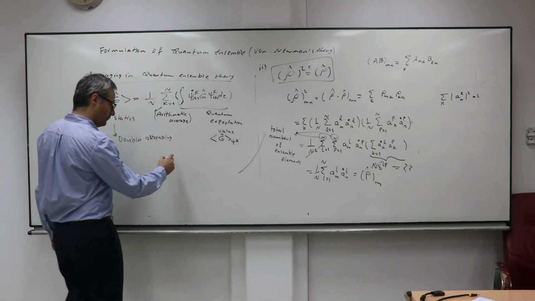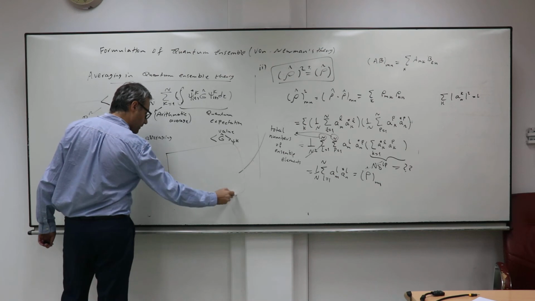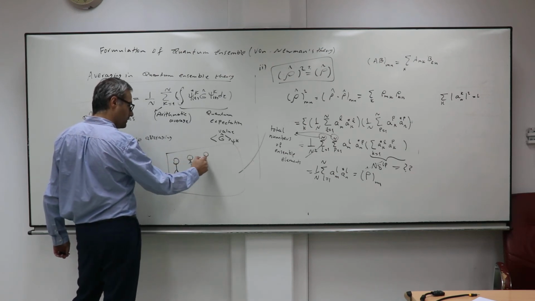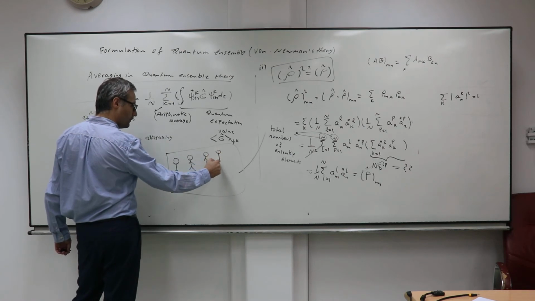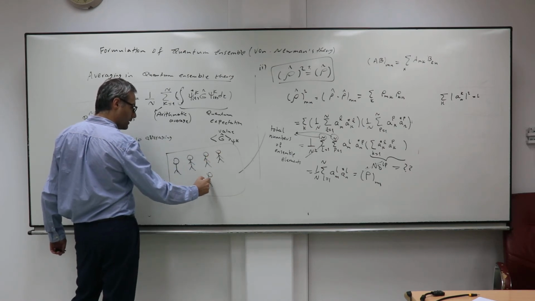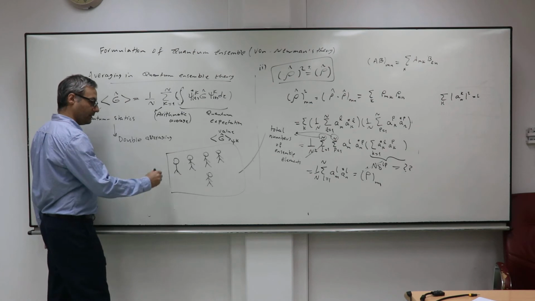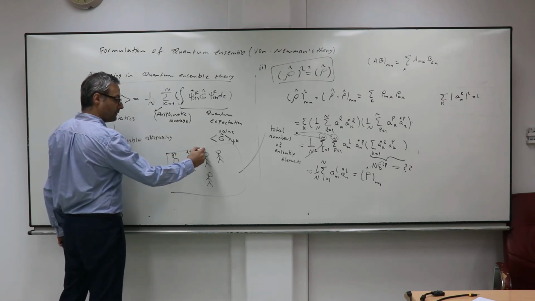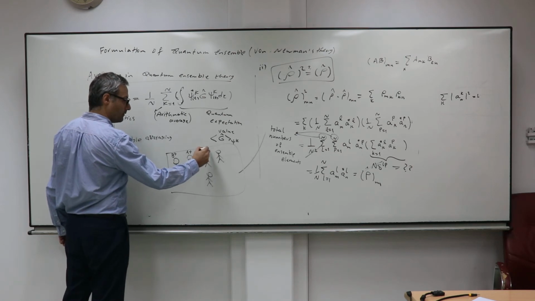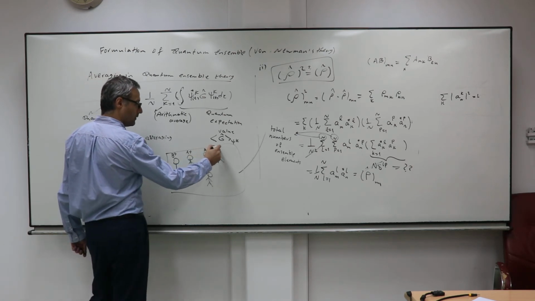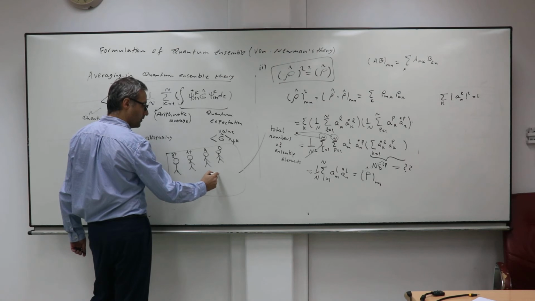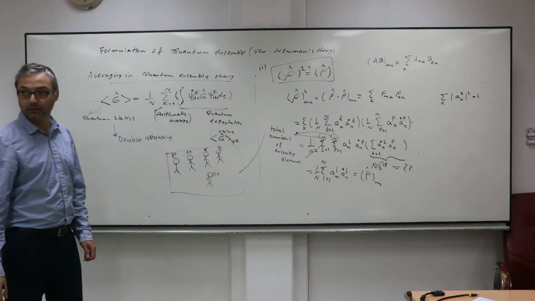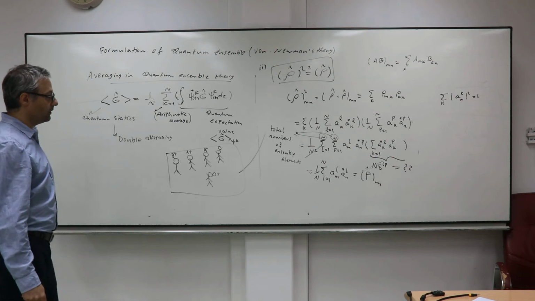For example, in the room you have different people, so they are almost the same, but each one can have a different blood group.